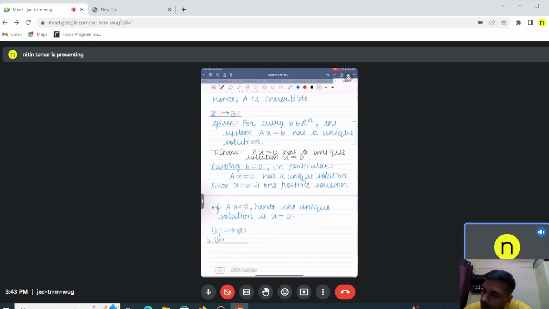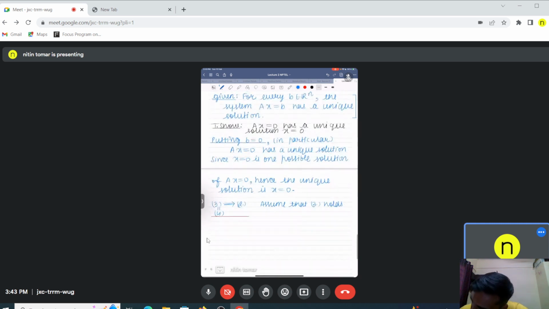Okay, let me just write. Assume that 3 holds. 3 means you know 3, right? Yes, exactly. And we have to show ax equal to b has a unique solution.